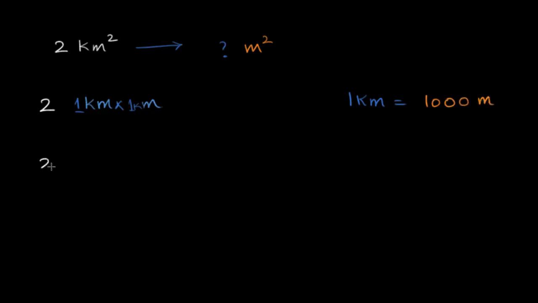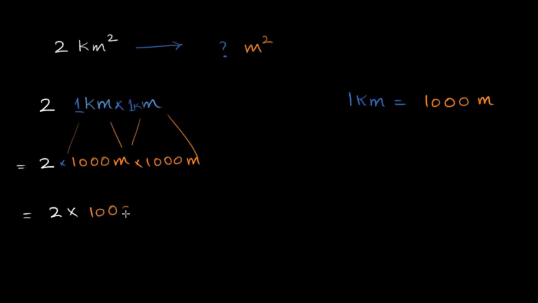I'm going to get 2 times 1 kilometer is going to become 1,000 meters. This becomes 1,000 meters. This is going to become another 1,000 meters. So let's write this such that we have the numbers together and the units together. So I have 2 times 1,000 into 1,000.